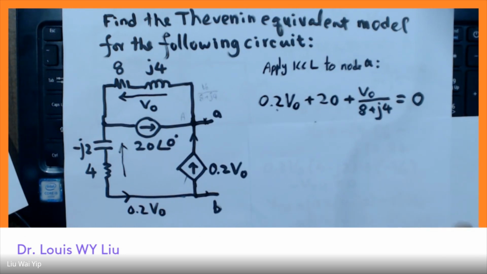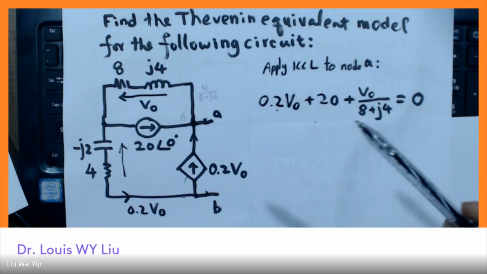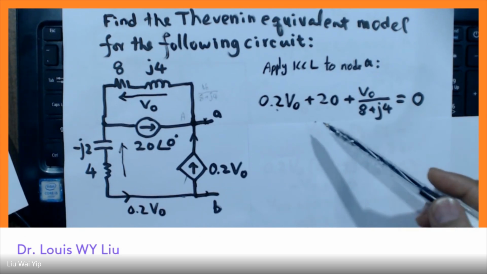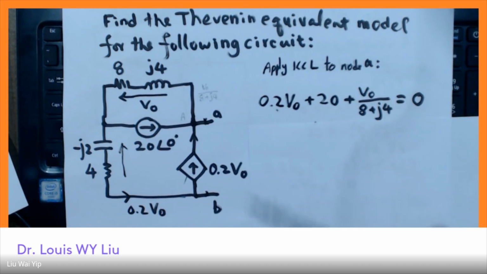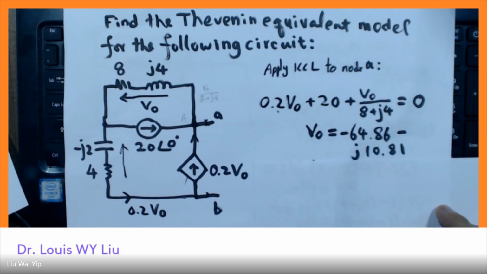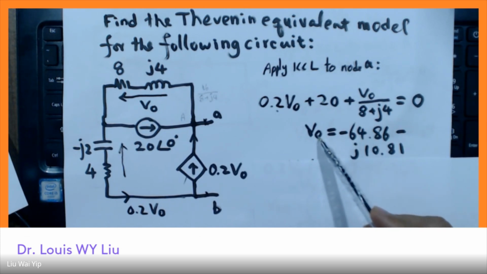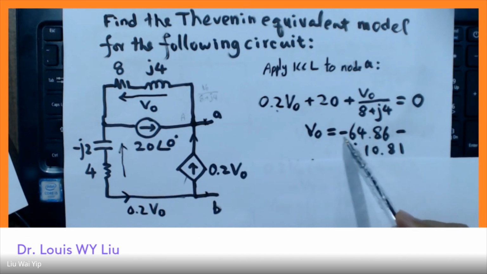Okay? And we resolve this equation with one unknown, one equation, we should be able to solve the equation for the unknown. So here we go. After some manipulation, you get the value of V naught, which is equal to this one.